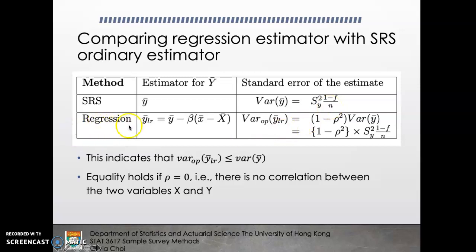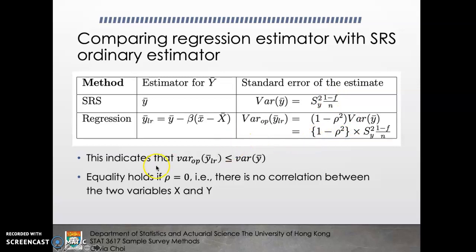For regression, we use our sample y bar minus beta times the difference between the x bar from the sample and the population to obtain our population y bar estimate. Then the variance, as we just proved, equals 1 minus rho square multiplied by sy squared divided by n times the finite population correction factor. So the only difference is 1 minus rho square.